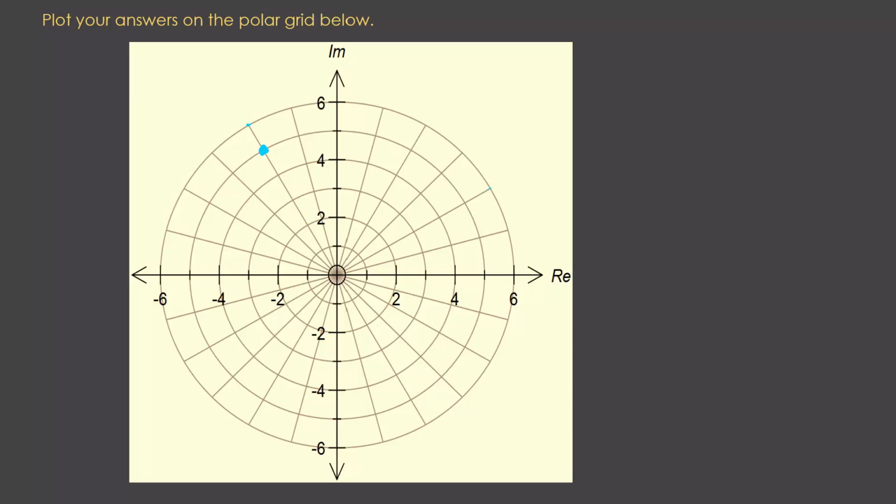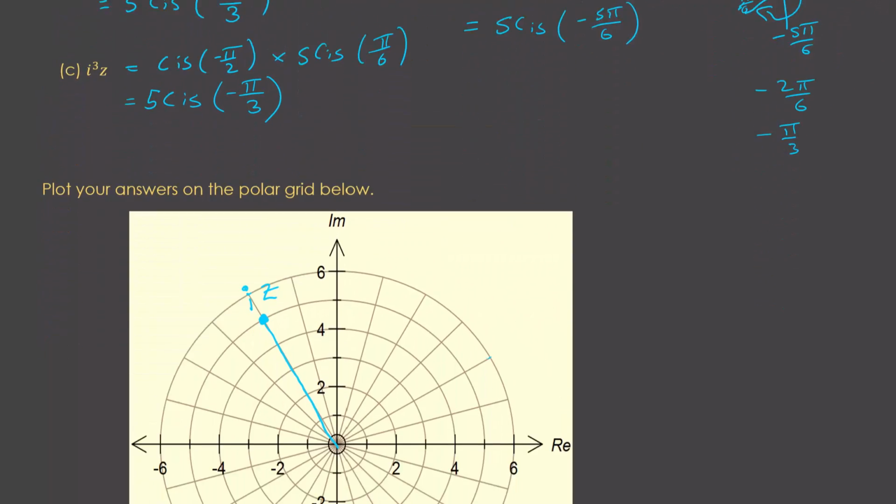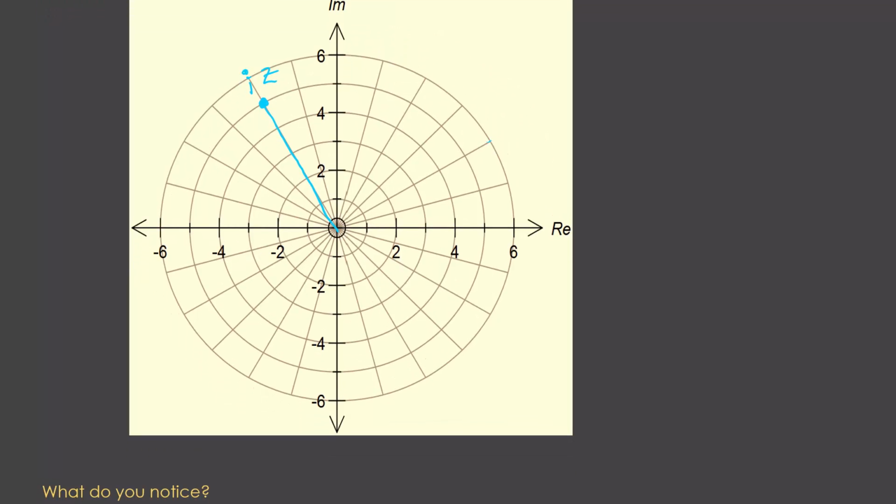So we've got 5 cis 2 pi by 3, it's there. So that one was iz. Let's put the original one on there as well. So we had 5 cis pi by 6. So 5 cis pi by 6 would be just here. So that was the original z.